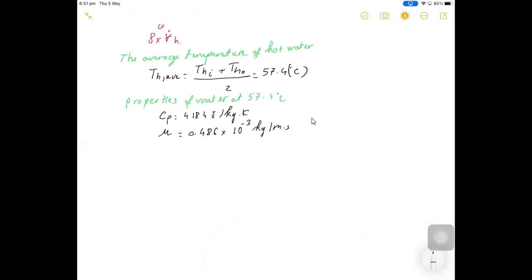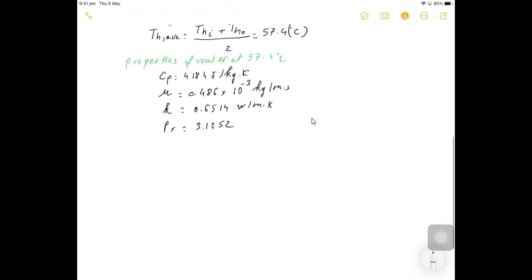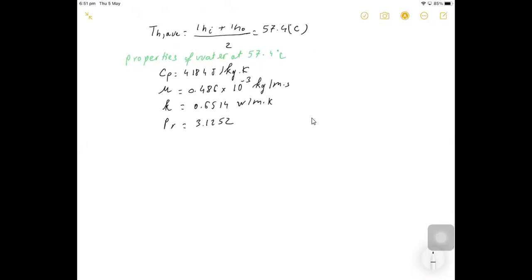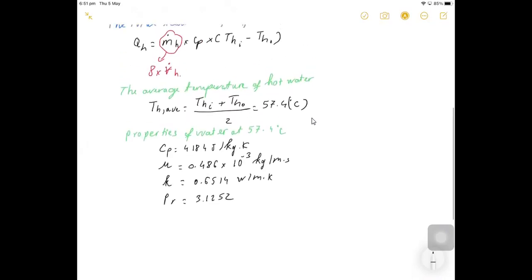You have thermal conductivity K is 0.6514 watt per meter K. You have Prandtl number is 3.1252. Okay, some properties you have. So now you apply to here.